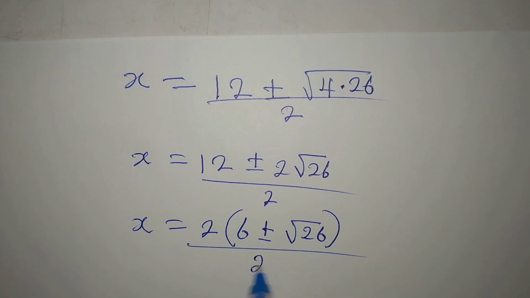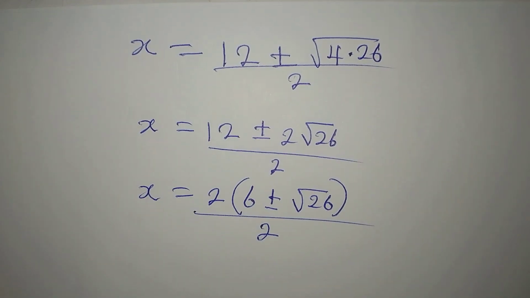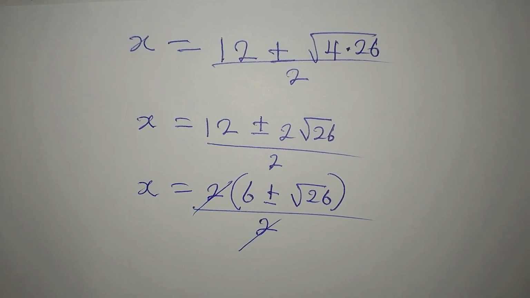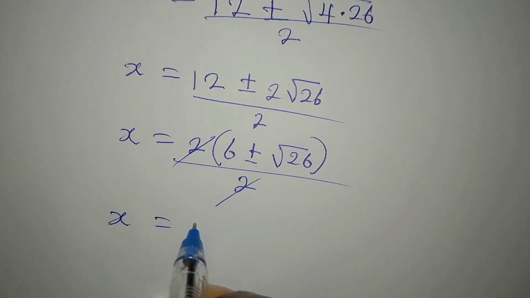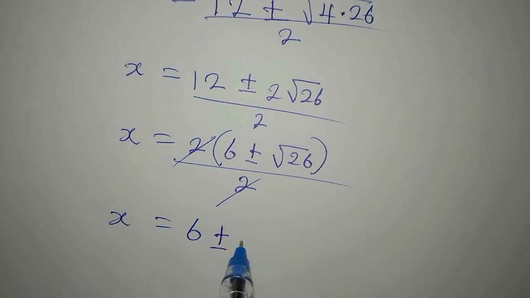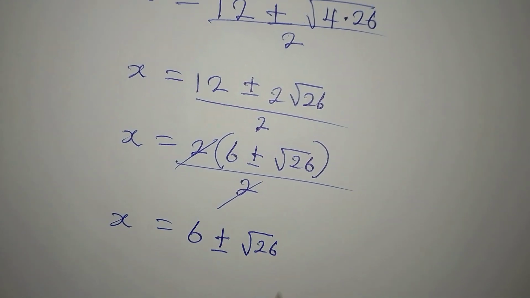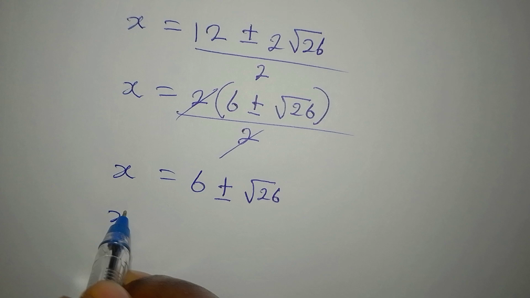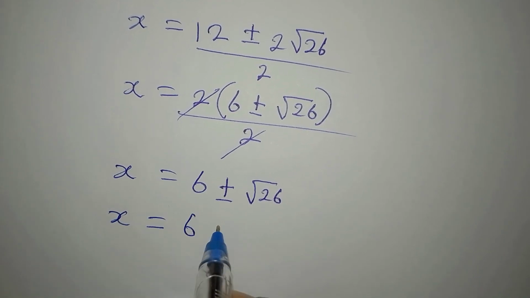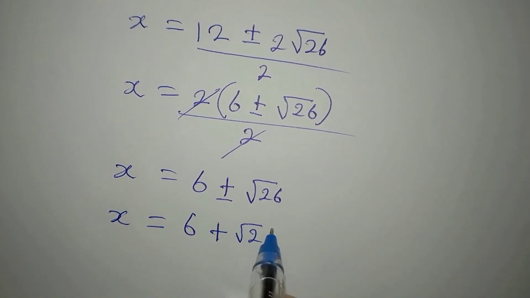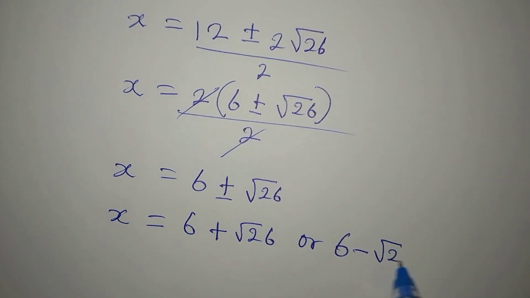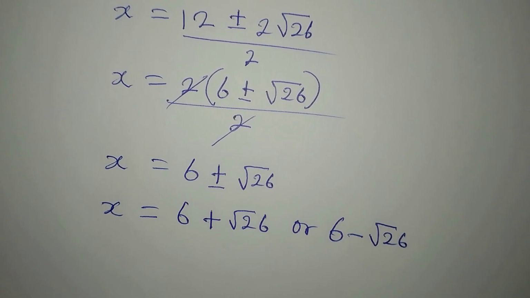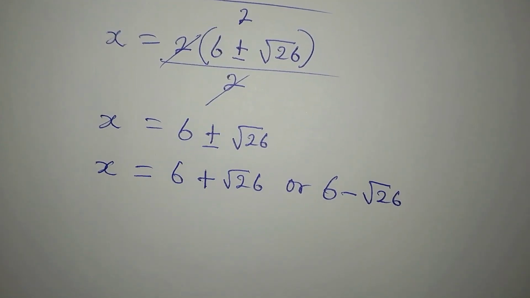Then everything is over 2, right? So this way, this can go there. So that our x is equal to 6 plus or minus square root of 26. And this means that x is equal to 6 plus root 26, or 6 minus root 26. So we have the two values of x.